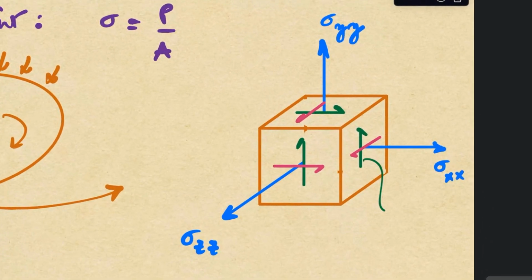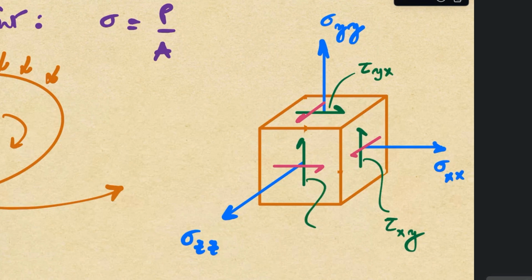Similarly, this is tau, as we represent shear stress, acting on the x face in the y direction. This is tau acting on the y face in the x direction, and this is tau acting on the z face in the y direction.